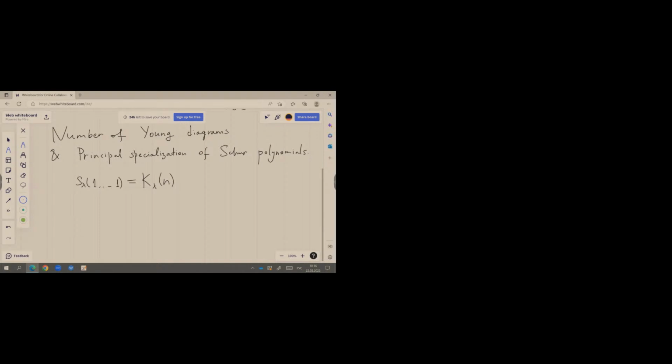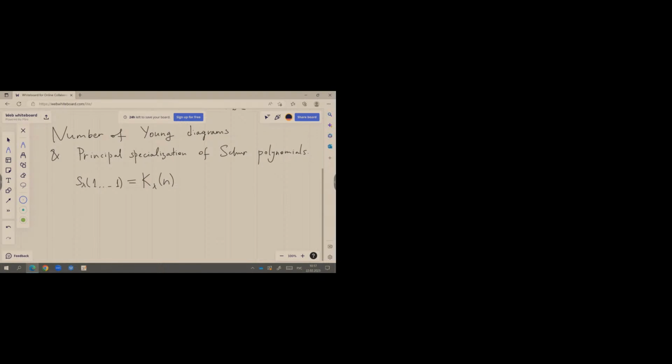This is basically Littlewood's theorem. This theorem tells you that this value is equal to the number of Young tableaux of shape lambda filled with numbers not exceeding n.